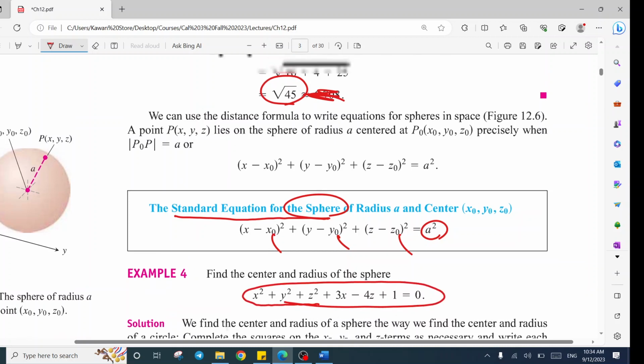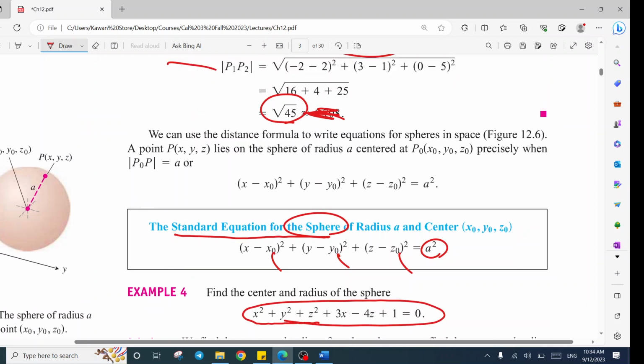How about that one? When I see something like that, I know it's a sphere, but we need to order it. Have you ordered it? How? Yeah, exactly.